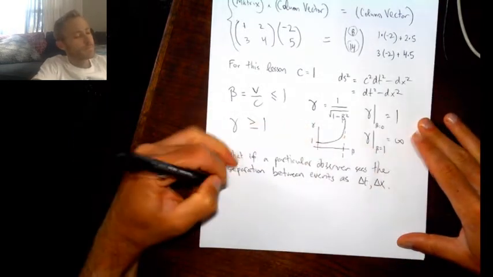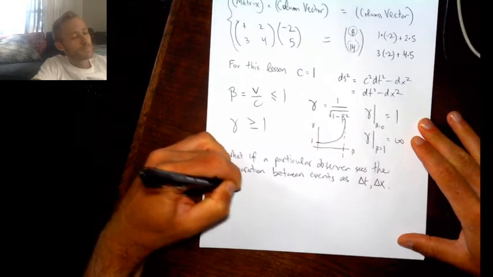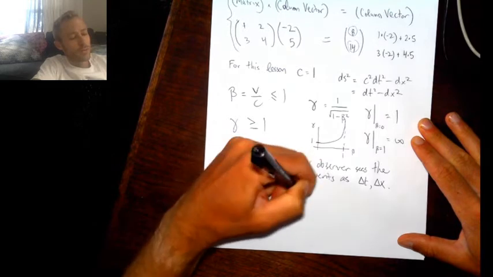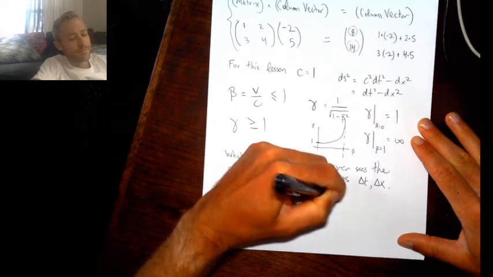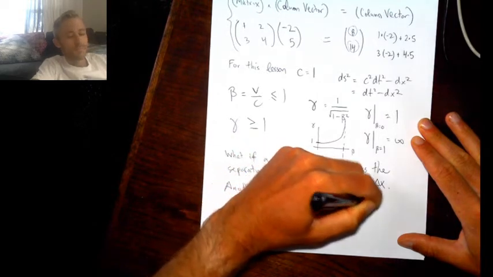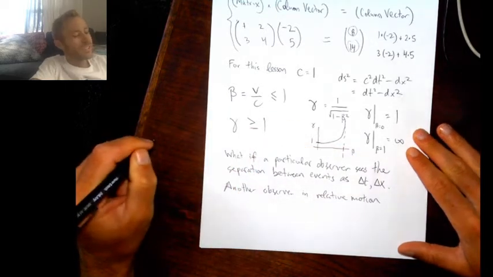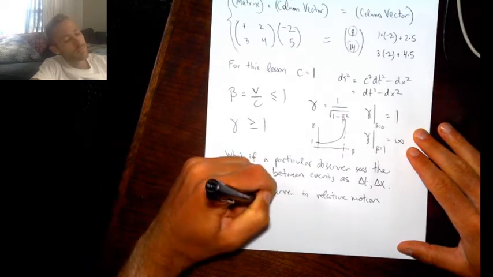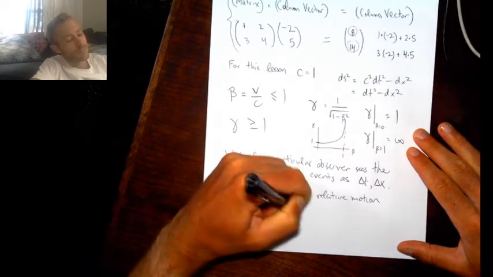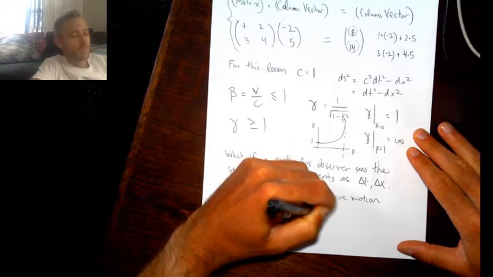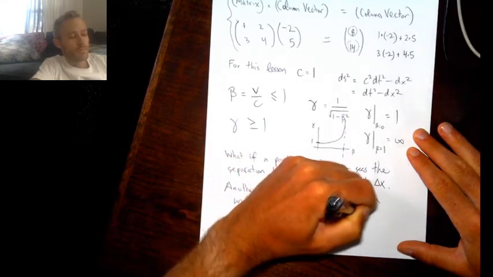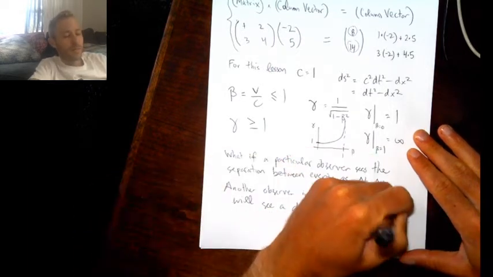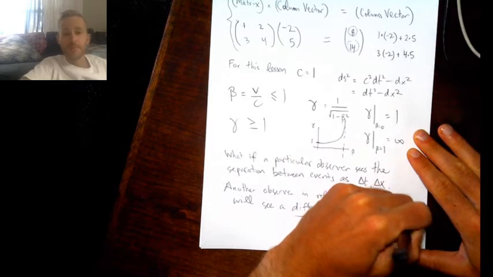Another observer in relative motion will see a different separation between events, which I will call delta t prime and delta x prime.